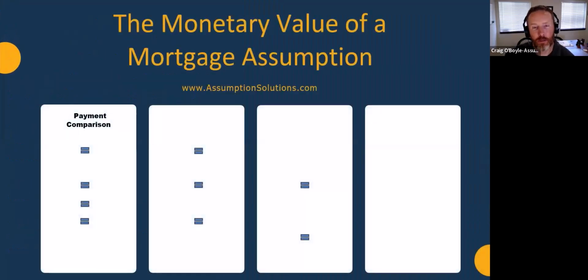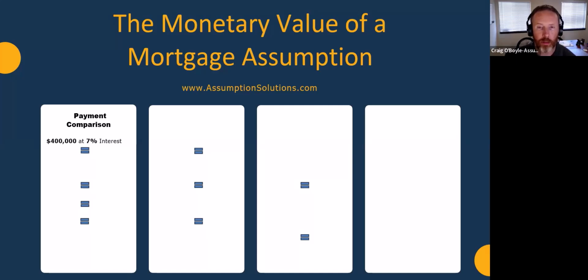So, the monetary value of a mortgage assumption. In these four pillars we're going to go through, we'll go through different levels of what I think demonstrates the value of an assumption. And the last one will be an example of something that most people don't think about in an assumption. But the first one here is a payment comparison. It's what I call the headline numbers that get people attracted towards an assumption.